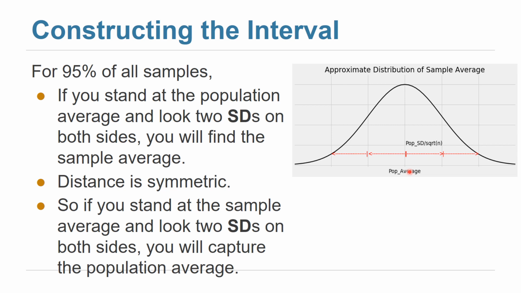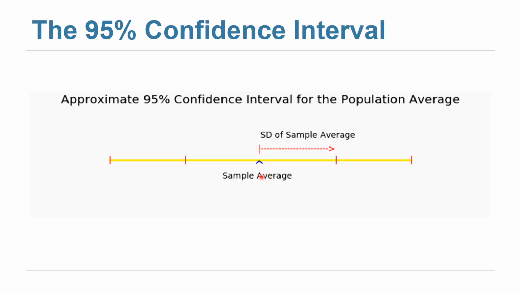So each of these 2 values, the population average and the sample average, are 2 standard deviations from each other. That means that the 95% confidence interval is 2 standard deviations from the sample average on both sides. So we have 2 standard deviations from that side and 2 standard deviations from that side. So the entire interval now is 4 standard deviations around the sample average, which will be the 95% confidence interval.